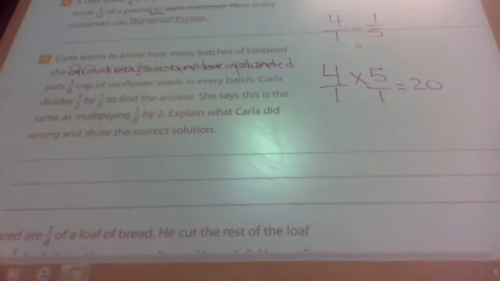Okay? So we got 7 problems and we're only gonna do 1 per group. All right? So you only have 1 problem to do. 4, 5, 6, 7. And then y'all got 5, 6, 7.